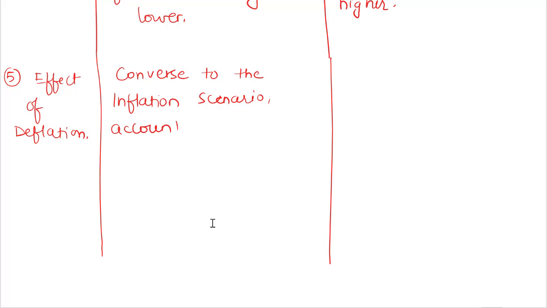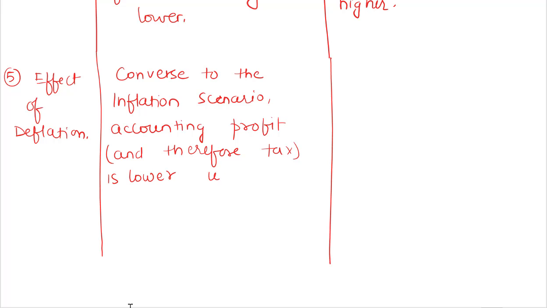Accounting profit, and therefore tax is lower, using, sorry, using LIFO.